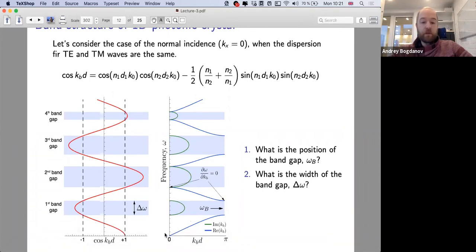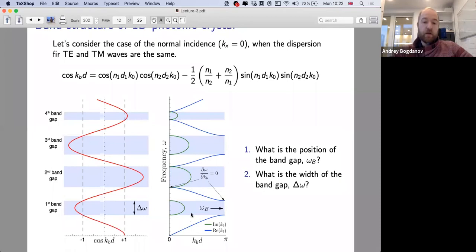Here I plot the dispersion, the dependence of frequency omega, or k0, because k0 is omega over c, on the Bloch wave number in the first Brillouin zone. And we see that we have many allowed bands.